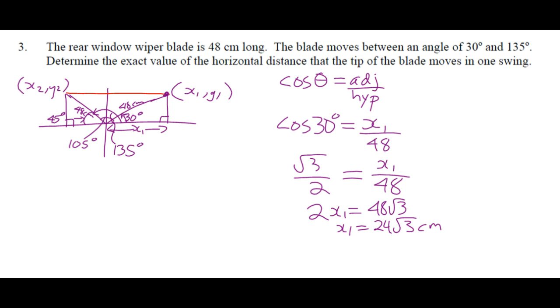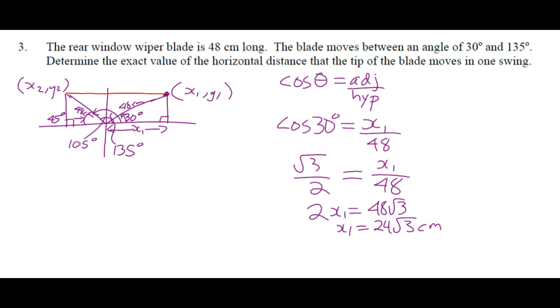Find x2. How are we going to do that? Which trig ratio? Sine, cos, tan, secant, cosecant, cotangent. So we got 45 degrees here, right? And we want to find this, which is just cosine again, right? So I'm not going to rewrite the cos theta.